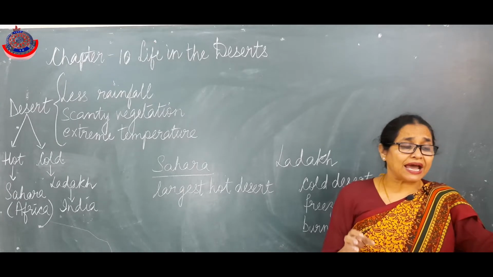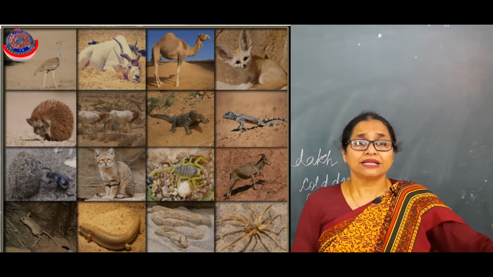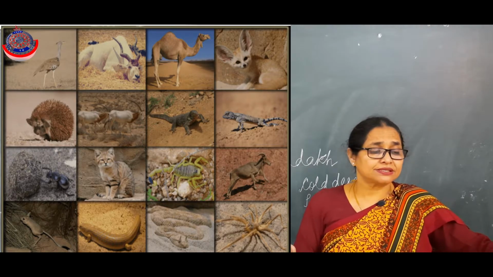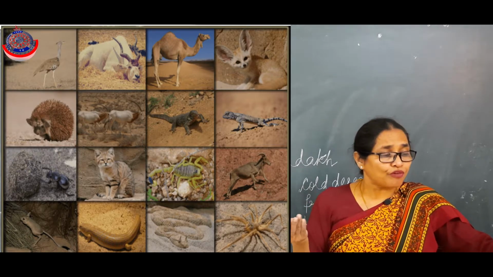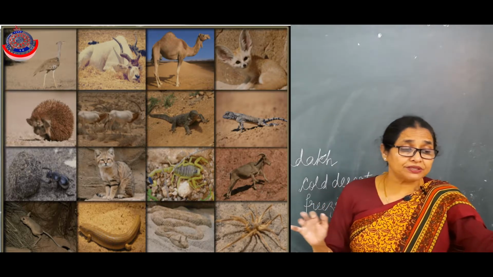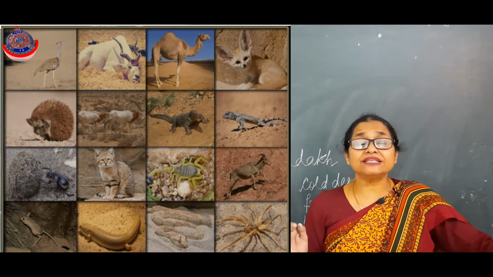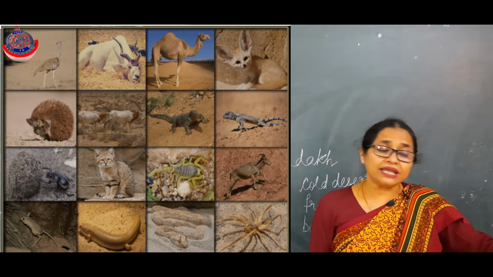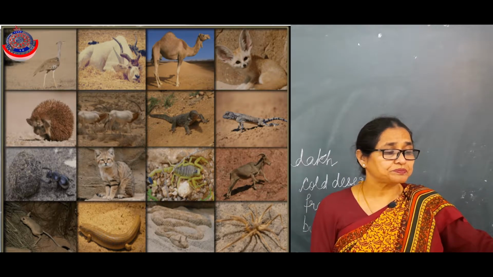This kind of an area in a desert is called an oasis. So far as animals are concerned, animals like camels, hyenas, jackals, foxes, scorpions, several varieties of snakes and lizards are found in this desert.